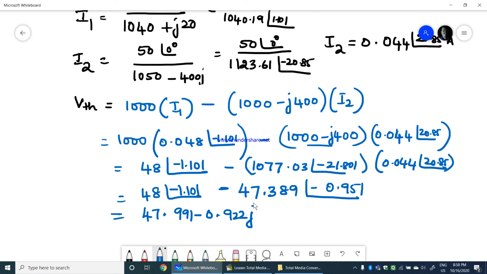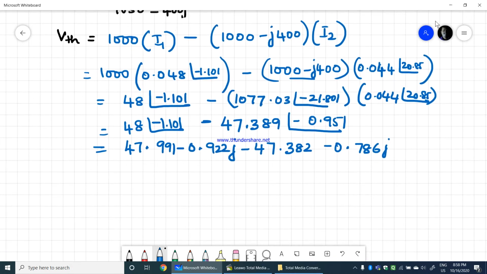I'll get 47.382 minus 0.786J. So this would be equal to what?